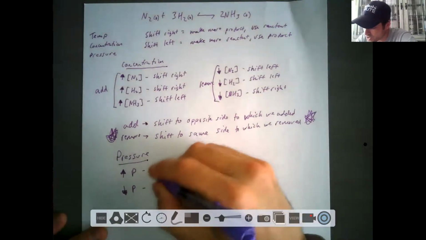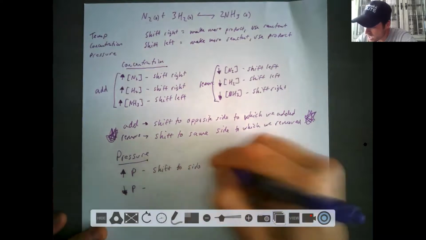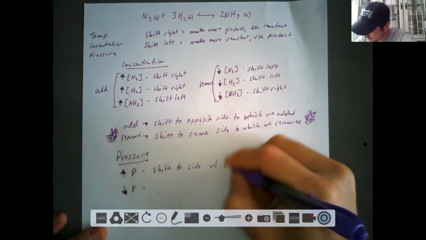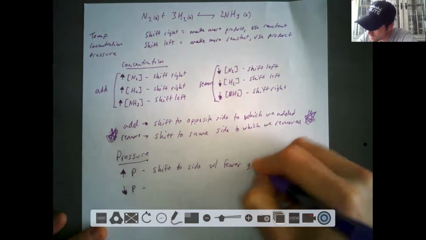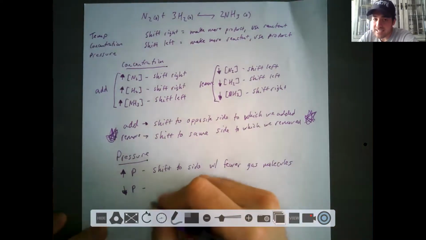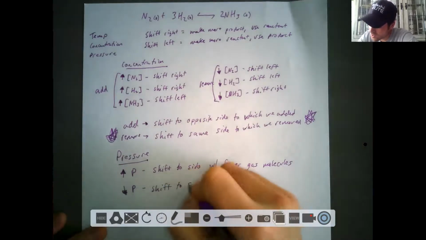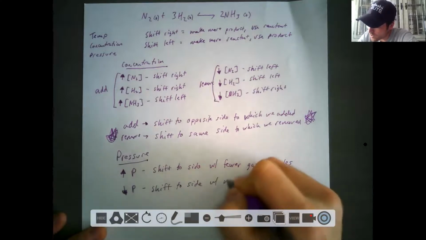So if you increase the pressure, we're going to shift to the side with fewer gas molecules. If I decrease the pressure, I'm going to shift to the side with more.